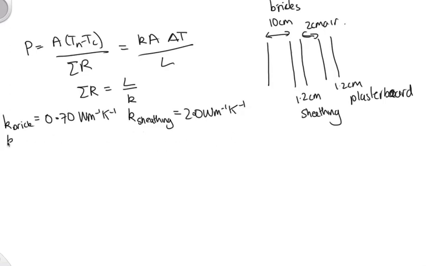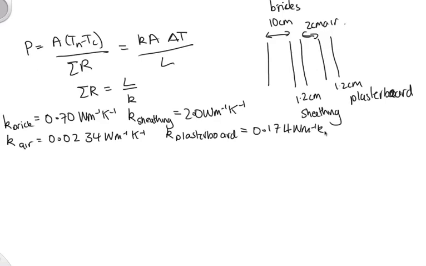K for air is equal to 0.0234 watts per meter per Kelvin. And finally we've got plasterboard, so K for plasterboard is equal to 0.174 watts per meter per Kelvin.